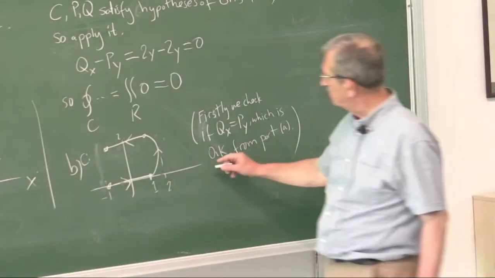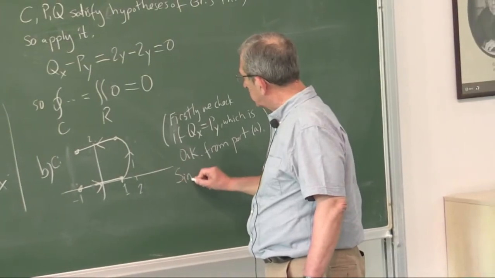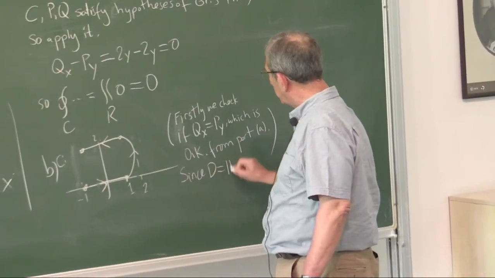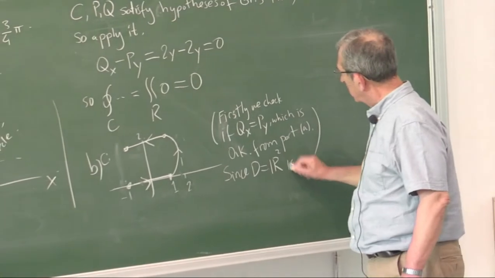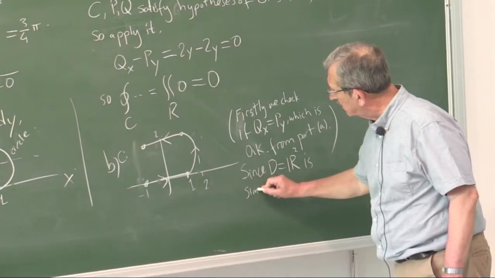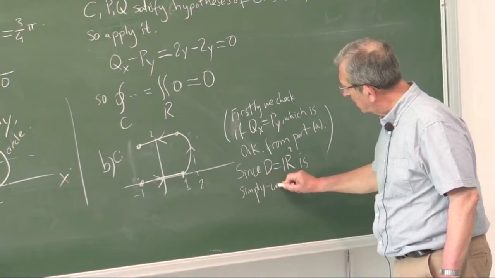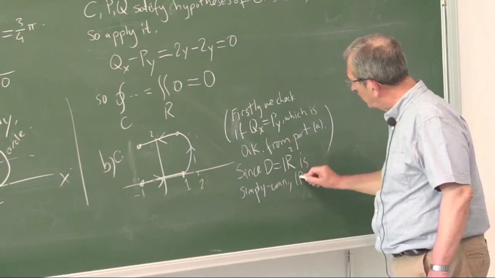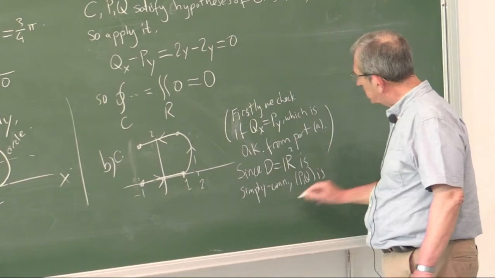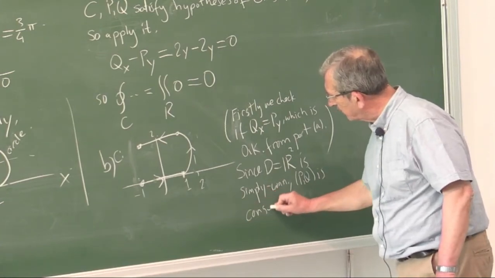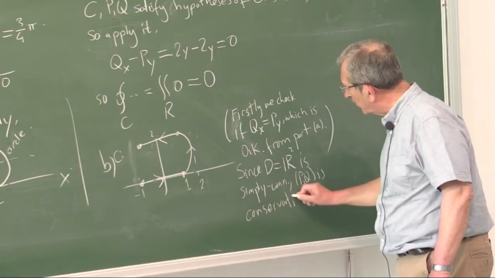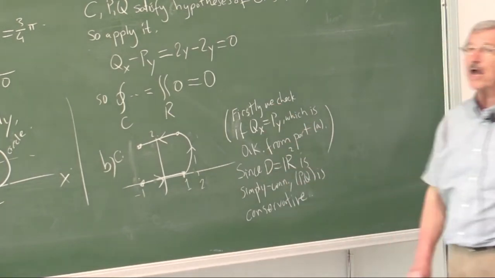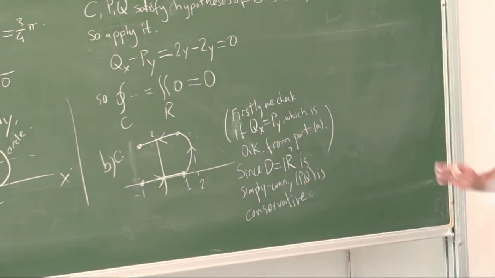Since D is R2 in this case, which is simply connected, P, Q is conservative, because these were equivalent if we had a simply connected domain.